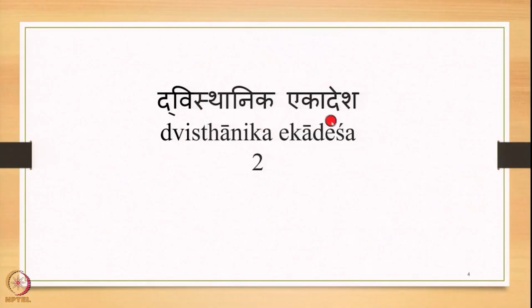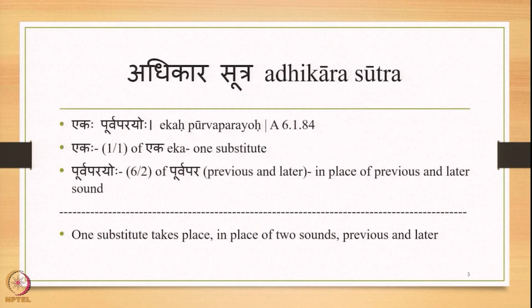We applied the same procedure to the second type, namely dvisthanika ekadesha, where we have dvisthani and eka adesha, two substituents and one substitute. Stated by the Adhikara Sutra Ekah Purva Parayoho 6.1.84, where eka represents one substitute, Purva Parayoho stands for in place of previous and latter sound.